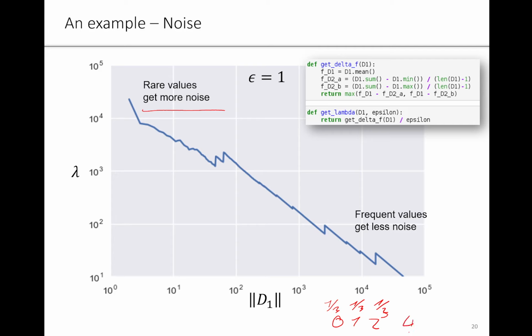But if you have a 4 out of it, that single 4 might be identifiable because it's outstanding, it's unique, and it's the only one with that number. So the idea is the rarer the value, the more noise it gets. If something is available quite often, then it gets less noise. If it's very rare, then it gets more noise.